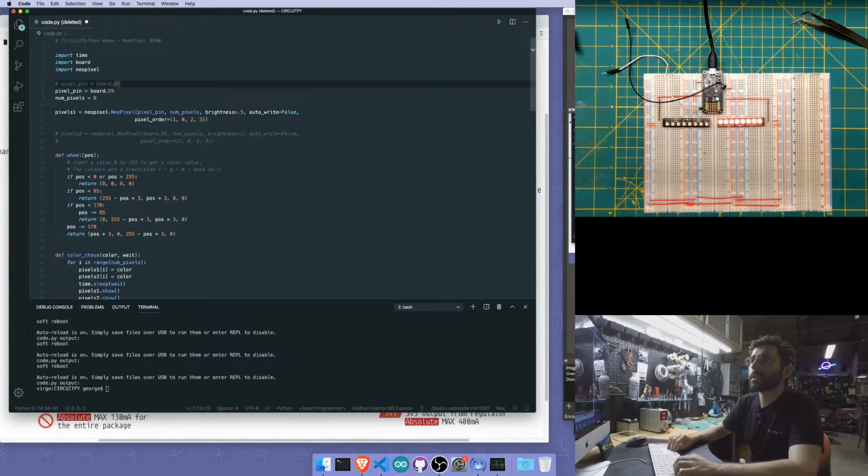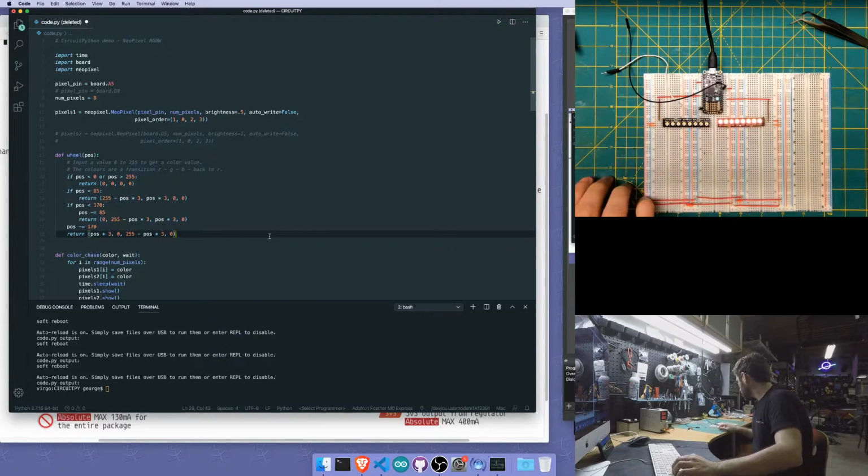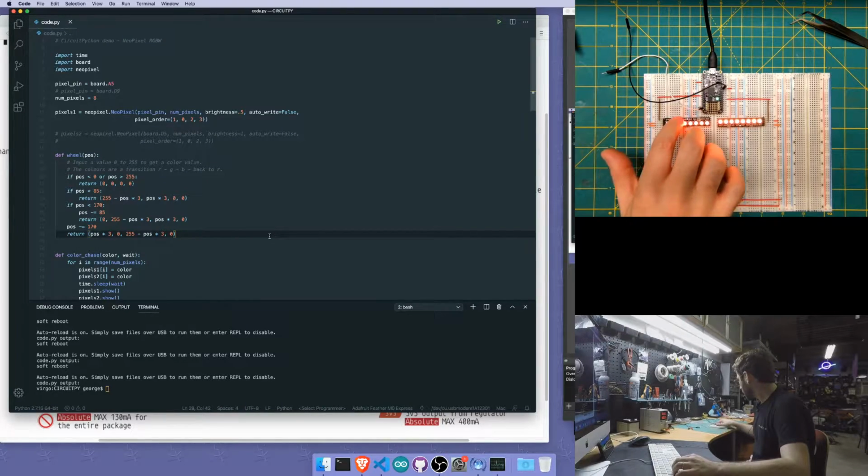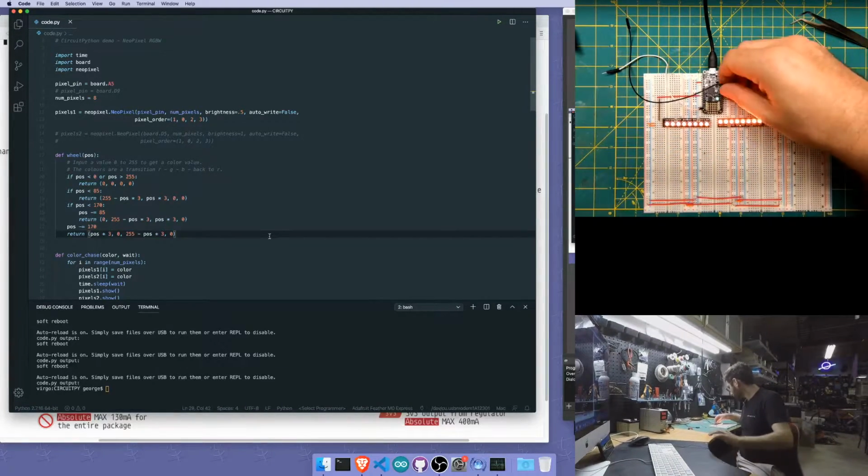So swap here back to a 5-pin. And we should get that to pop over. And there's my power.